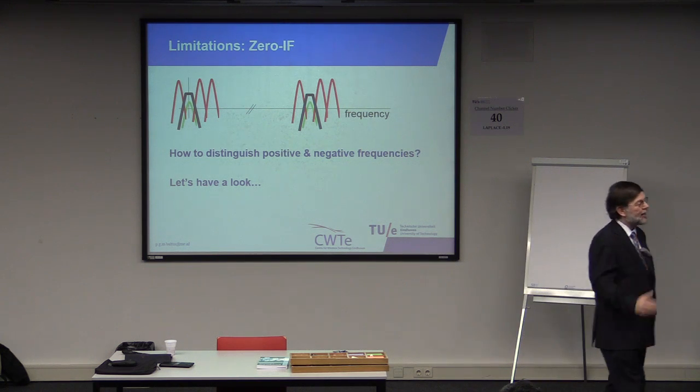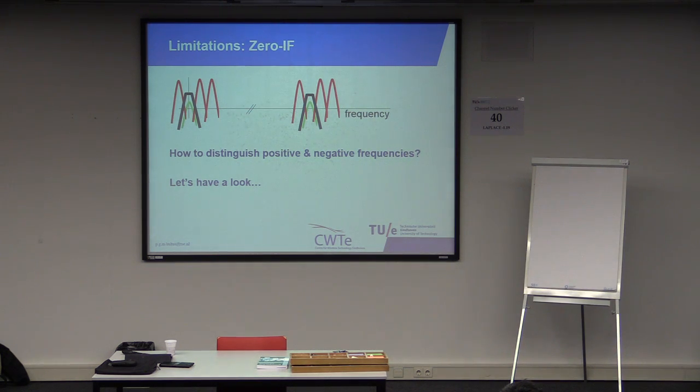And that makes it really hard to say whether a signal is a positive or a negative frequency. You could make another argument. You could also say that this is a positive amplitude and a positive frequency, a negative amplitude and a positive frequency, but just traveling backwards in time.